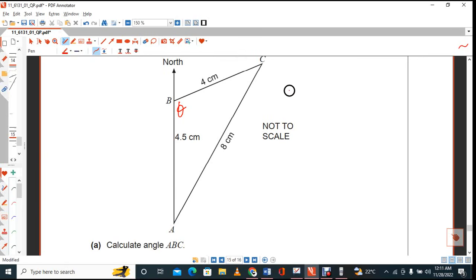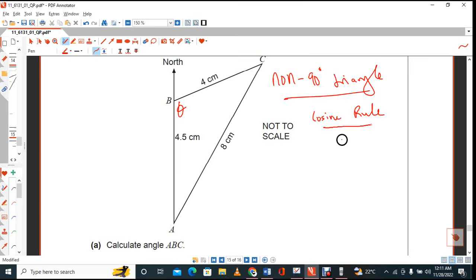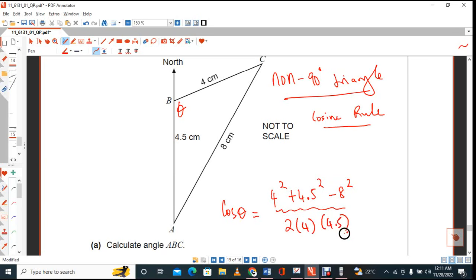This is a non-90 degree triangle, so there is no Pythagoras here. You have to use the cosine rule, or the law of cosines, to find that angle. So cos of angle ABC is going to be 4 squared plus 4.5 squared minus 8 squared upon 2 times 4 times 4.5.